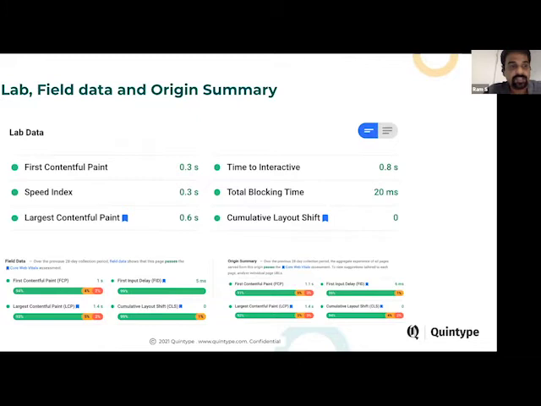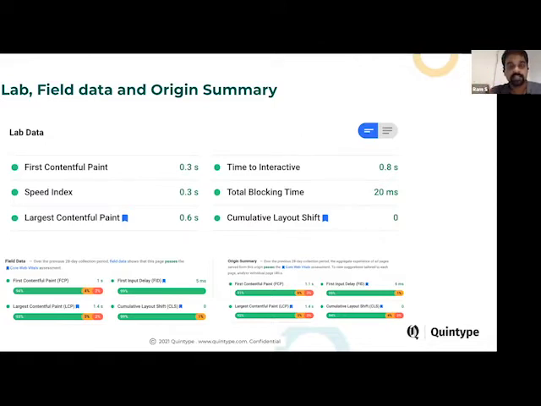So in this example on the screen, if it says FCP is 1 second as field data, it means that 75% of users are getting first contentful paint at one second, or LCP at 1.4 seconds. So the majority, more than 75% of our users, are actually experiencing that. That's what we call field data.